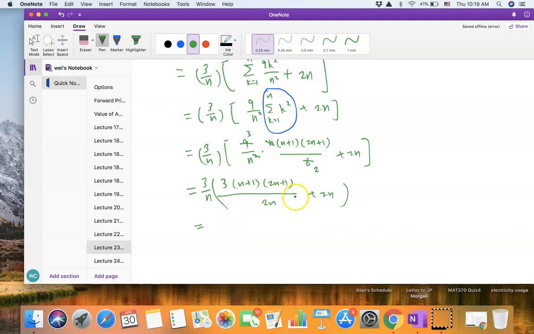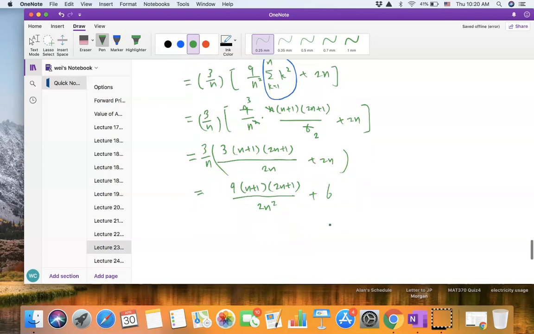Then we multiply the 3 over n into this. So we have 9 times n plus 1 times 2n plus 1 over 2n squared plus 3 over n times 2n, that is 6.